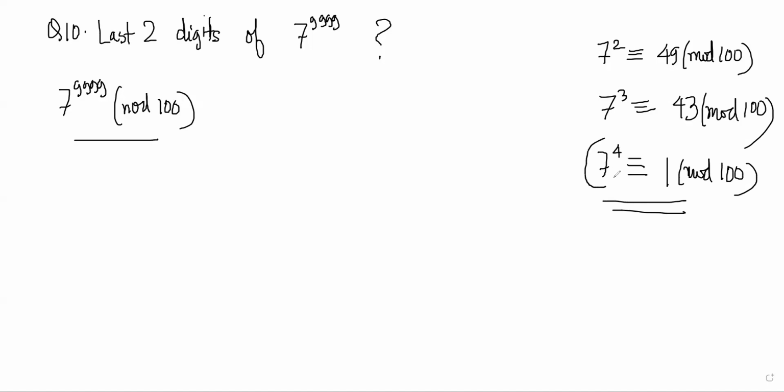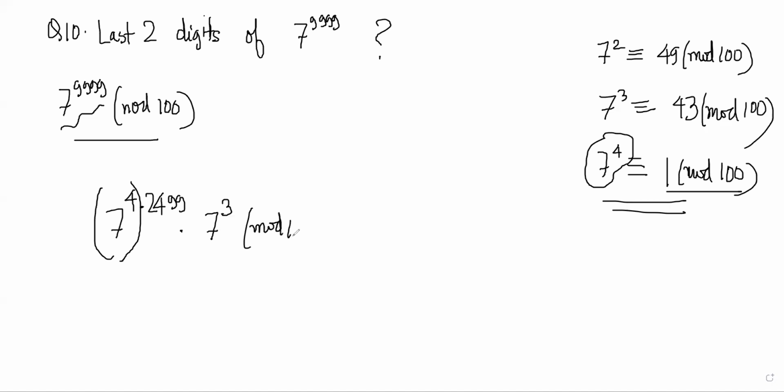Now, because we know 7 power 4 is congruent to 1 mod 100, it makes our calculations here a little easier. We can say this is (7 power 4) power 2499 into 7 power 3 mod 100. And we know this is congruent to 1.